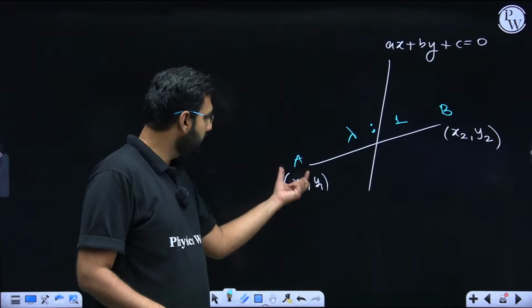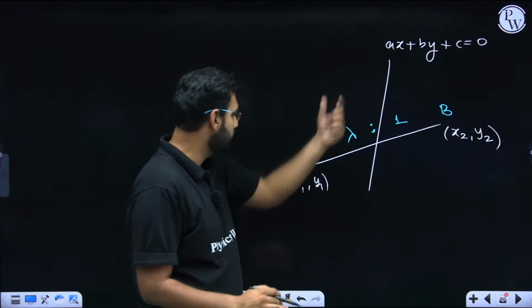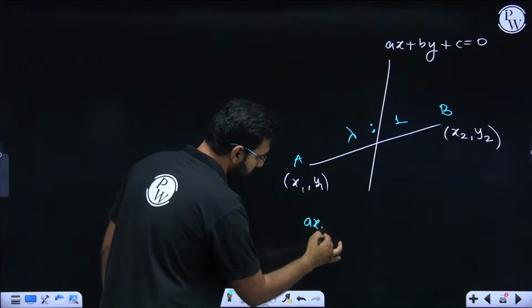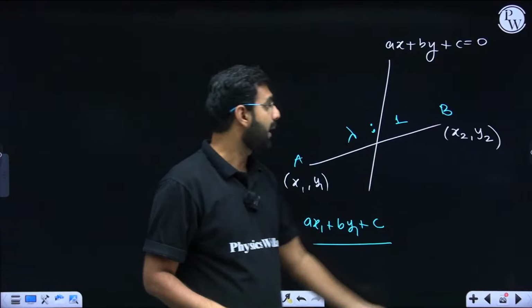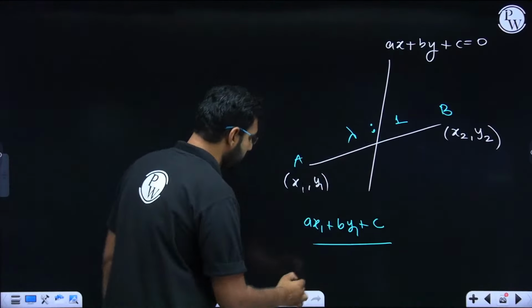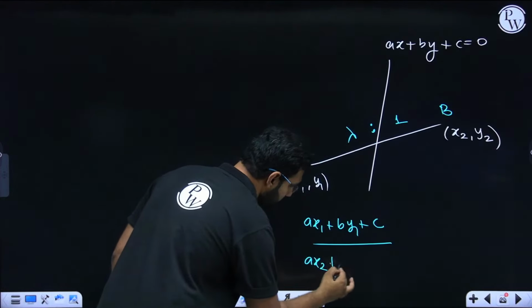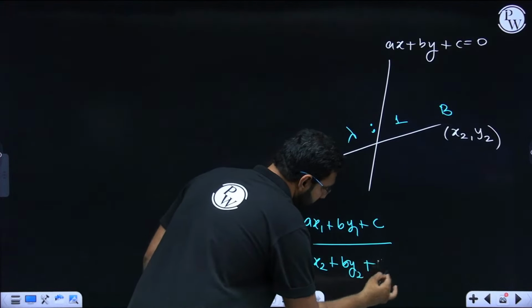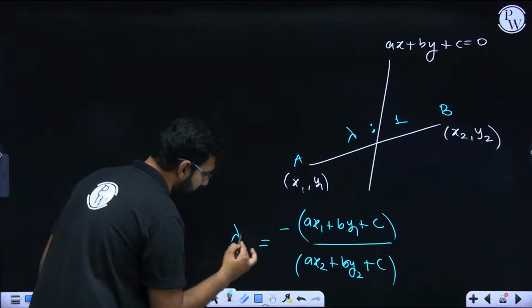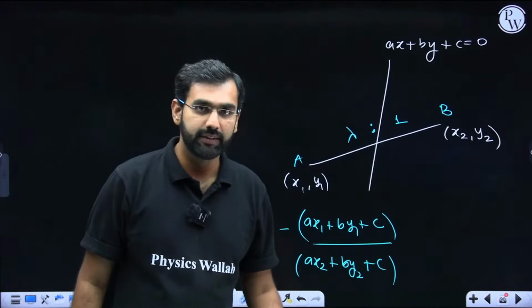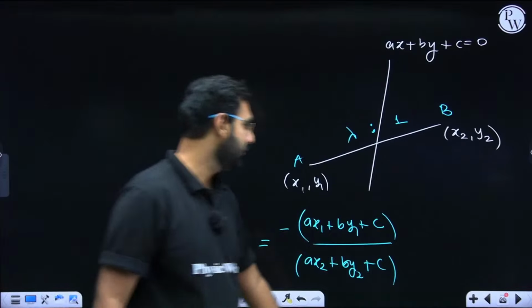I'll find the power of A with respect to that line, which will be ax1 plus by1 plus c. I'll find the power of the other point with respect to this line, which will be ax2 plus by2 plus c, and then I'll take this ratio's negative, that will be lambda is to 1. Did you all understand this? All the participants, everybody with me on this?